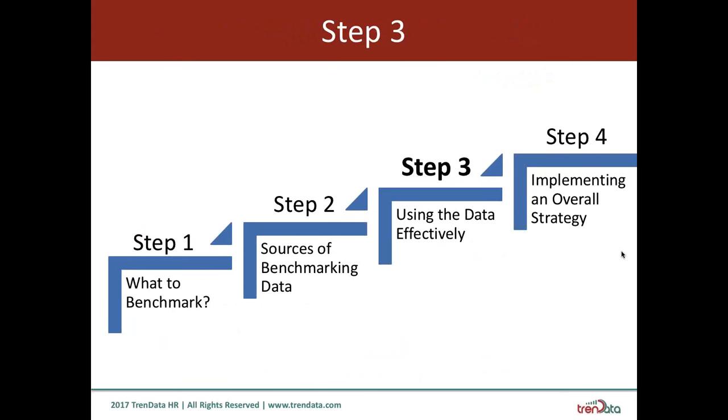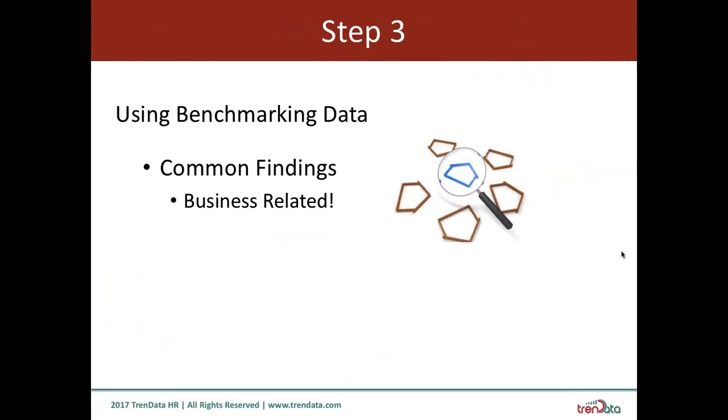Getting back to the blueprint, once you've identified the right sources, you want to start finding ways to use that data effectively and optimize your business. So the first thing you want to do is to get common findings in your data. So areas where there's a lot of concentration, you're noticing some trends, and I always emphasize keep them business related.